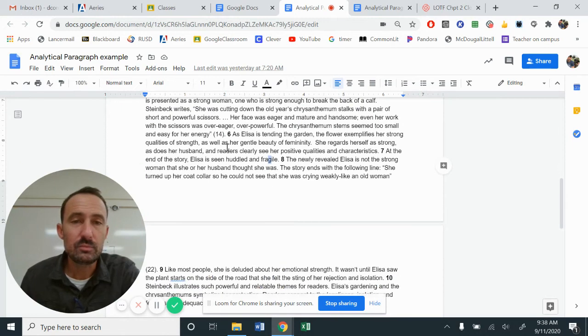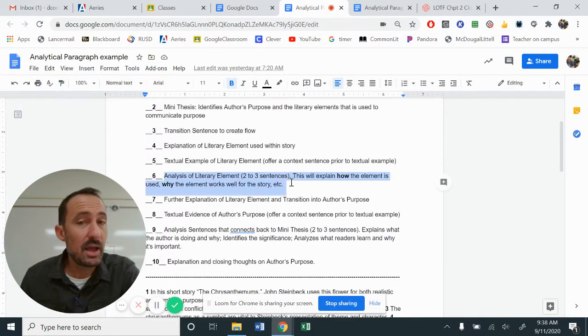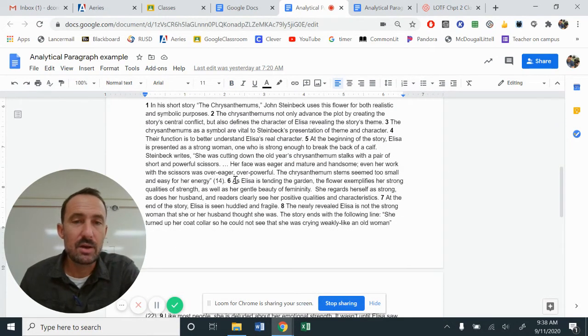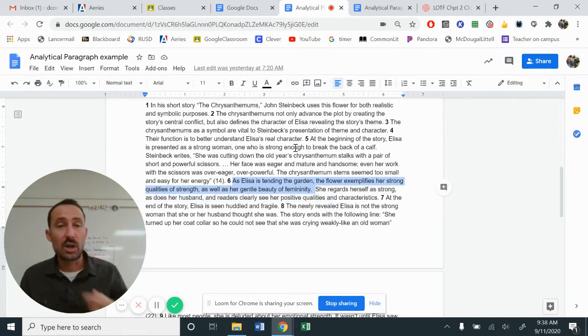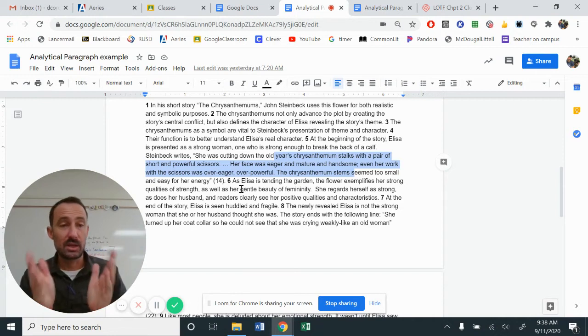Okay. For number 6, let's see here, is my analysis. This is the most important part. So for my analysis, I come down and I say, as Eliza is tending to the garden, the flower exemplifies her strong qualities, as well as her gentle beauty of femininity. So the flower that she's talking about here in the reference, right? The quote that I just had, how does that translate to her as a character?